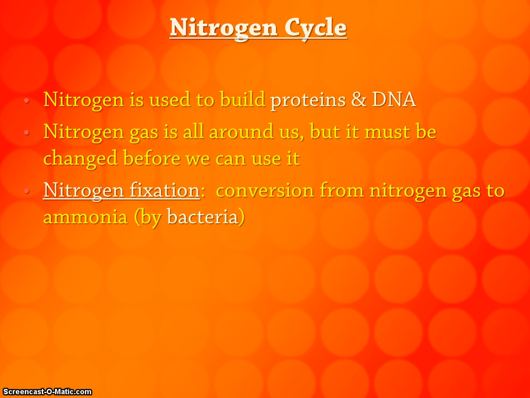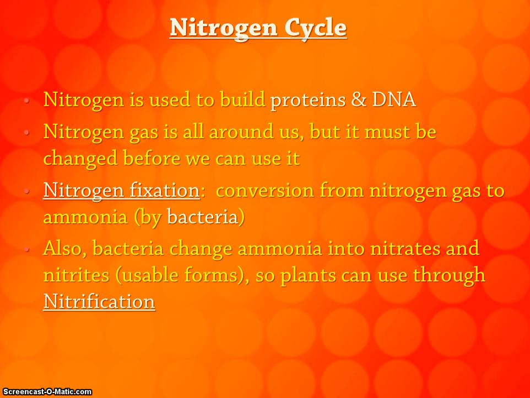So nitrogen in the gas form that's in the atmosphere, bacteria can take it in and convert it to ammonia. This is a first stage in making nitrogen usable by plants and animals. This process where bacteria convert nitrogen gas found in the atmosphere to ammonia is nitrogen fixation.